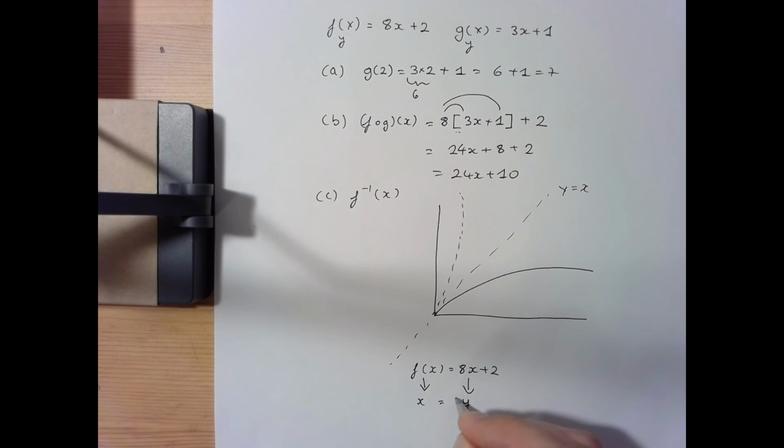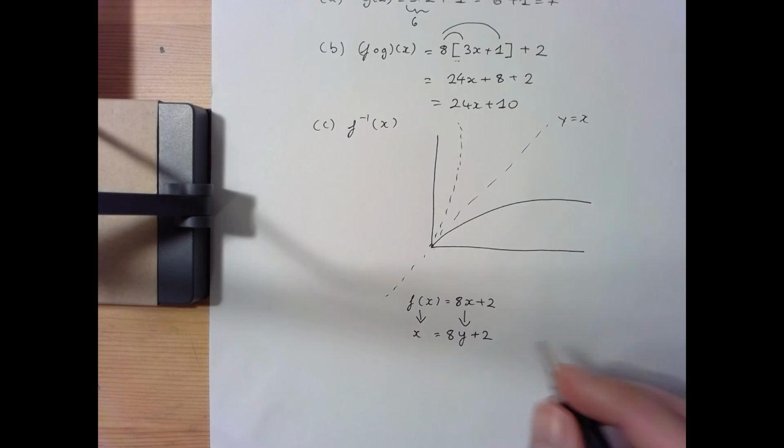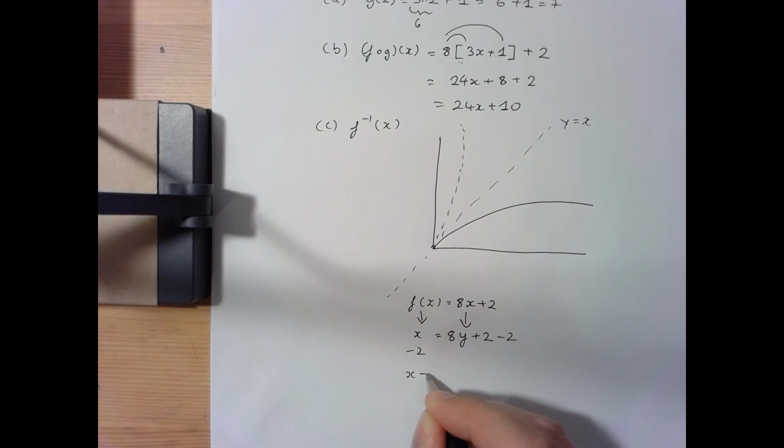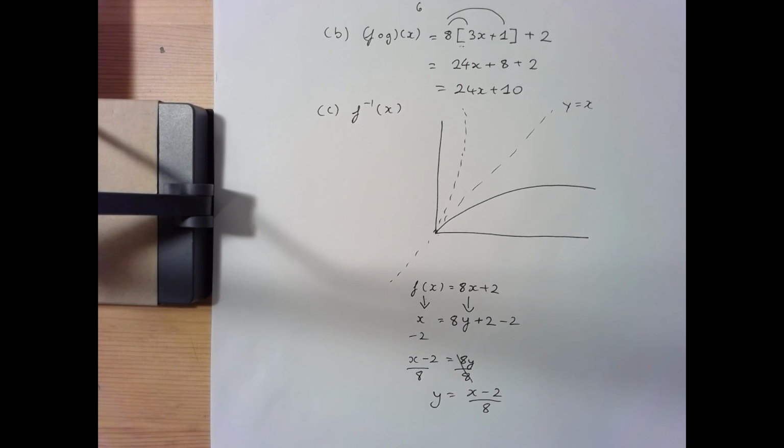So this gives us x is equal to 8y plus 2. And if we rearrange, we can do minus 2 on this side, minus 2 on this side. We get x minus 2 is equal to 8y. And dividing both sides by 8, we get that y is equal to x minus 2 divided by 8, which is the inverse. Thank you for listening.